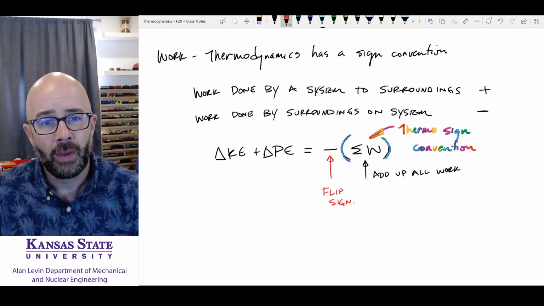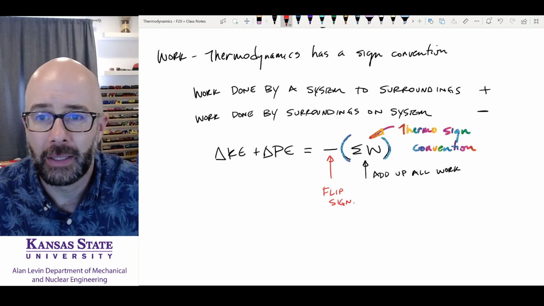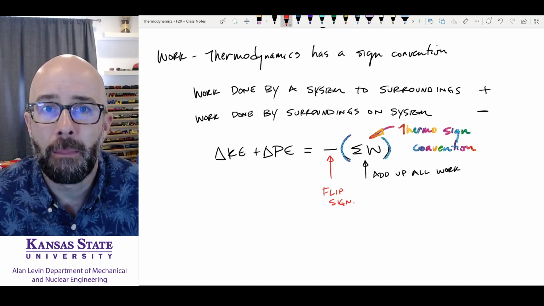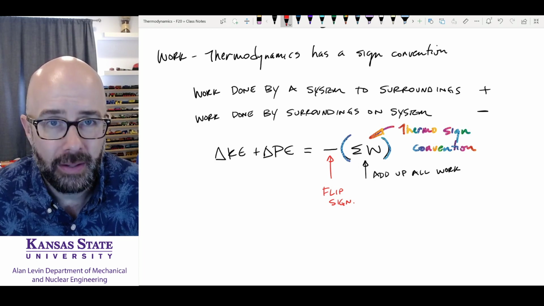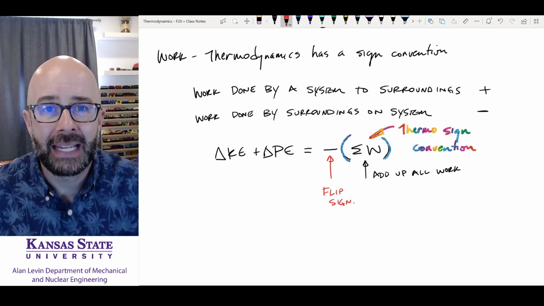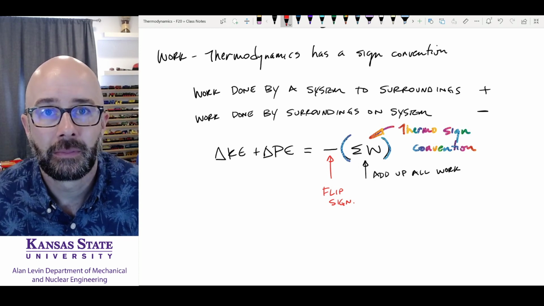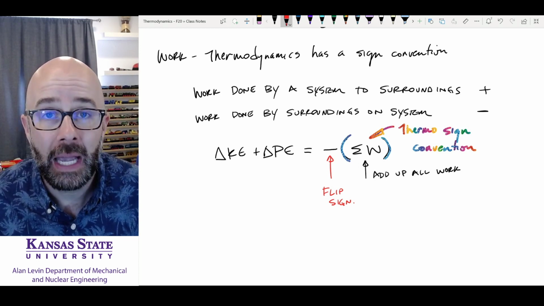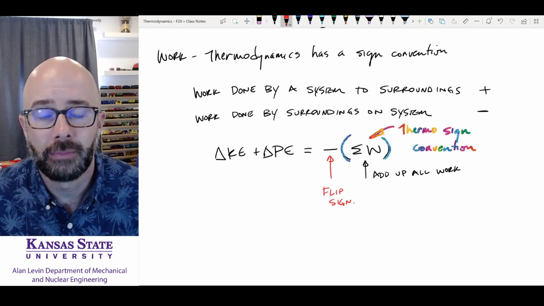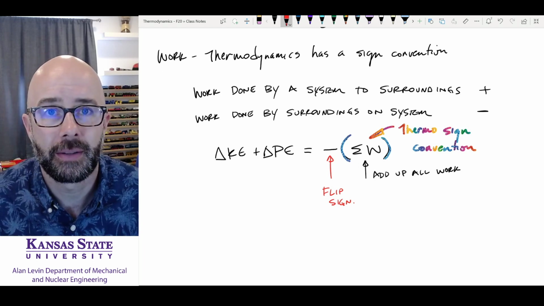Okay. So this is my analogy. I may have a personal sign convention about money. I may say that gaining money from the surroundings, people giving me money, is negative. But I may think that giving money away is very positive. That's my personal sign convention. That's what goes inside the parentheses.